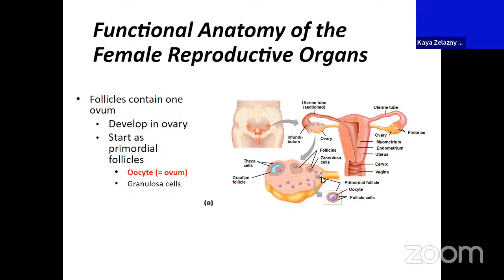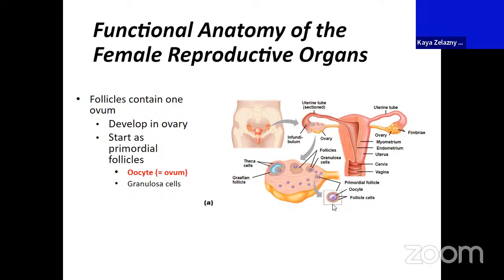If we're looking at this, this is our primordial follicle. This is an immature follicle that we're starting out with. Here we can see an oocyte in the center. This is going to be one egg cell that we're going to mature. And here we can see an outer lining of follicle cells on this primordial follicle.